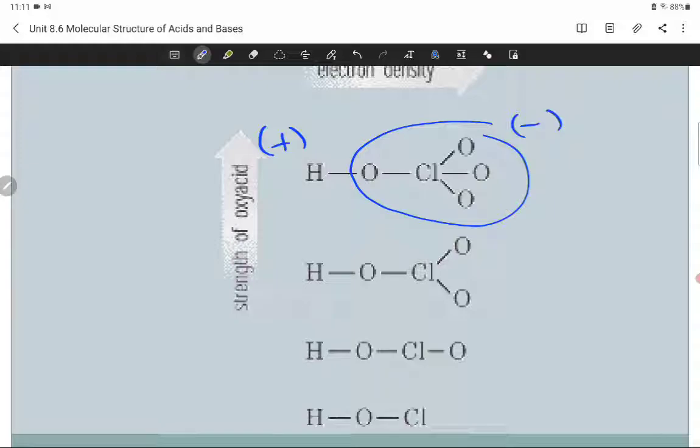I don't know how I can show it as less. Maybe I'll just show it with tiny little pluses and minuses, but you get the idea that the more oxygens, the more polarized, the more electronegative atoms are attached to the acid, the more the electrons are going to be not shared equally.